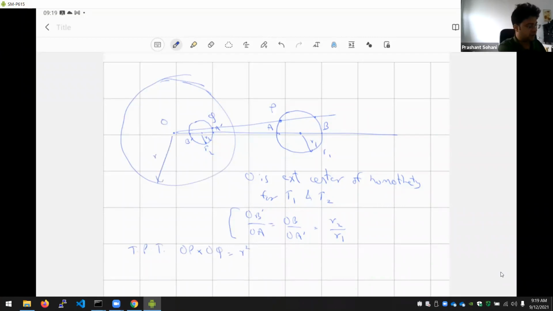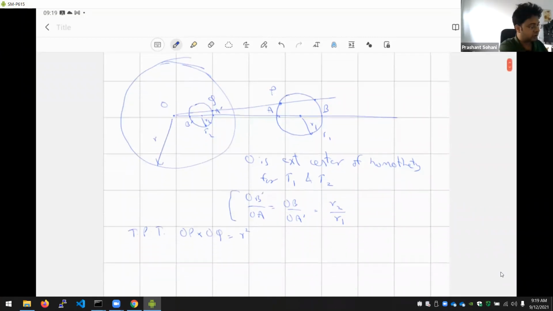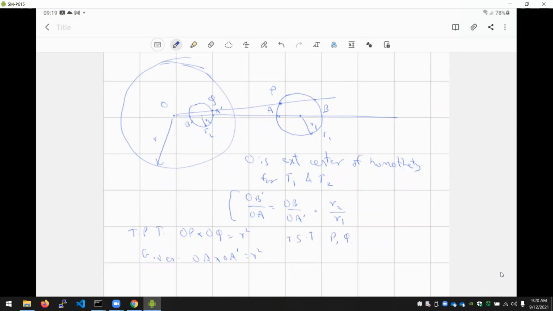By the inversion we have constructed already, we know that OA into OA dash is equal to R square, so this part is already known. Then it's enough to show that the four points are concyclic. We had shown last time that they are concyclic. Can you remind me what the proof was?